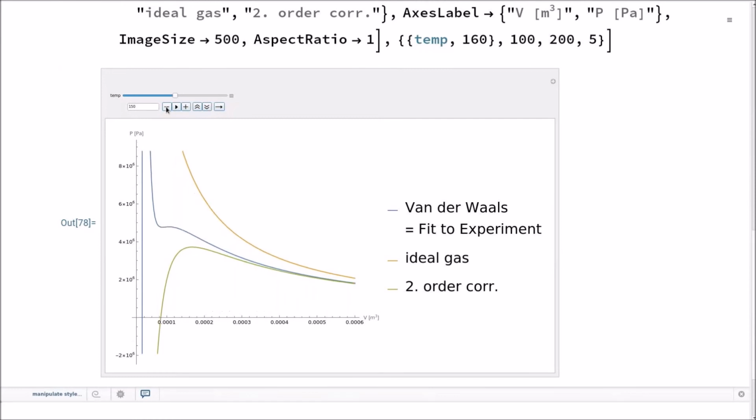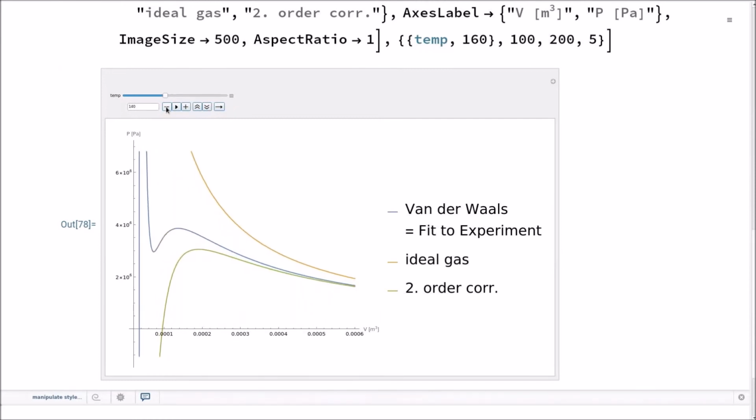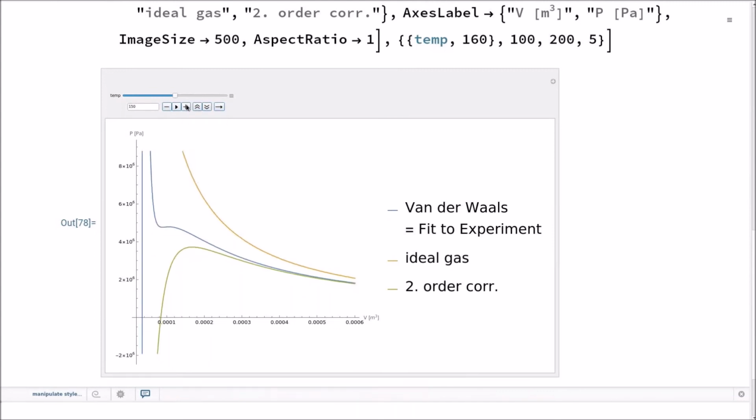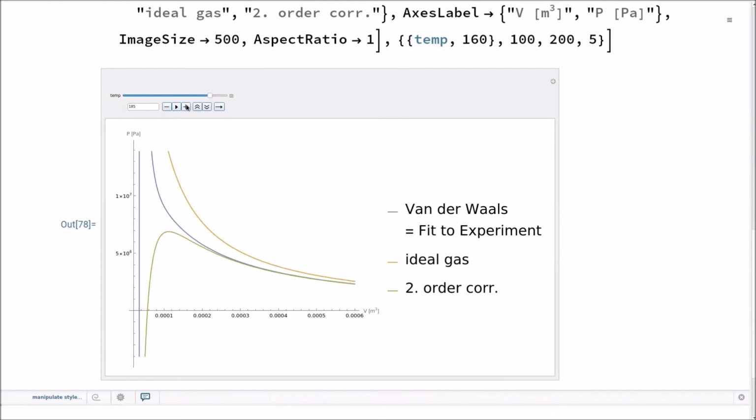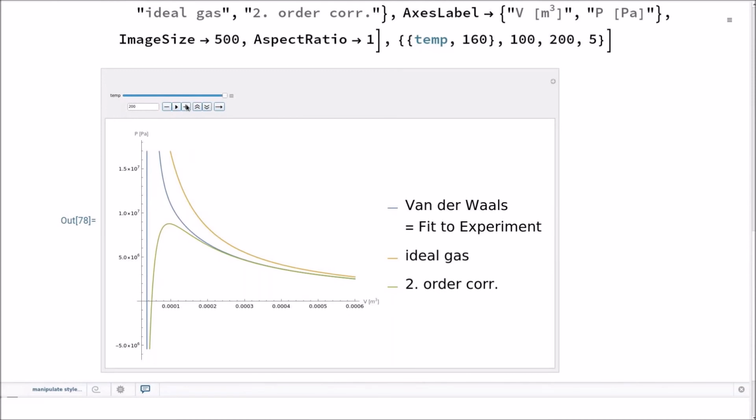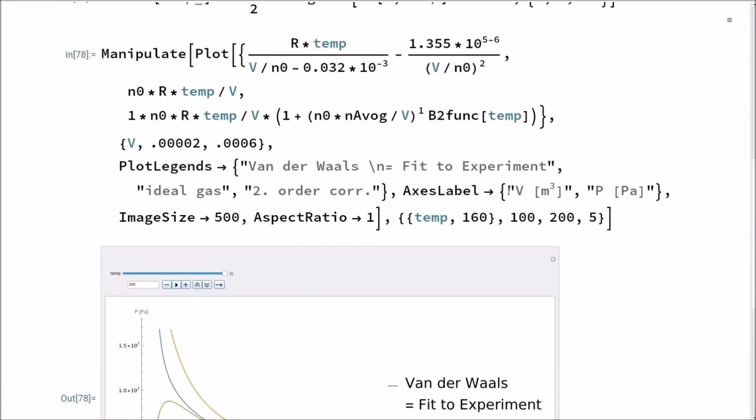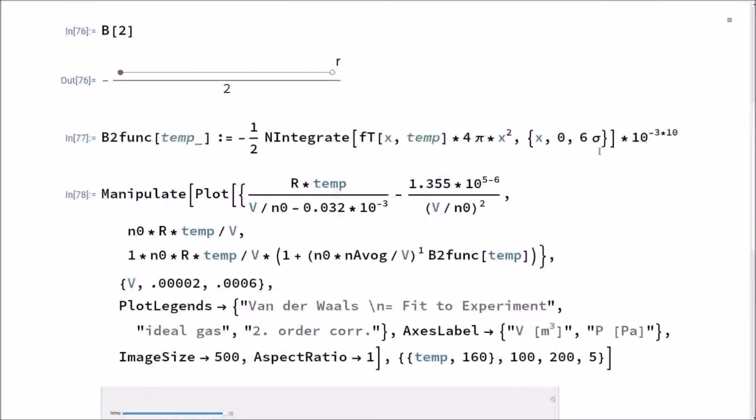Even if we go down in temperature, it becomes even worse. And at higher temperatures, it's not too bad. It becomes even better. This is 200 Kelvin. This is quite good. But we can do better.